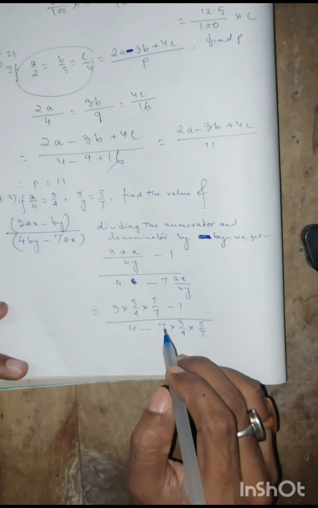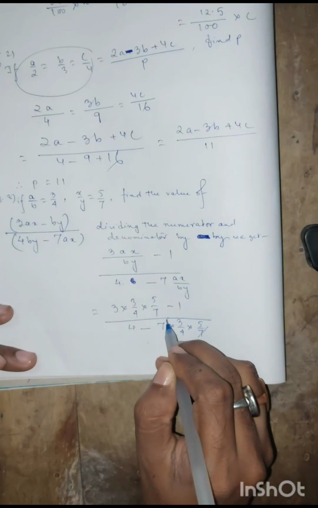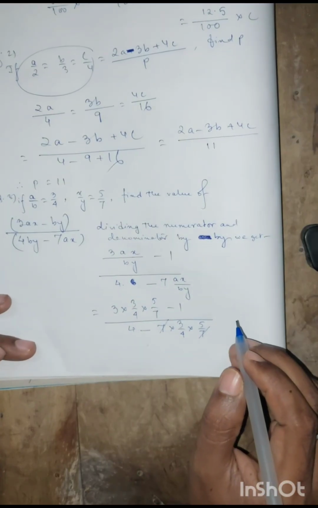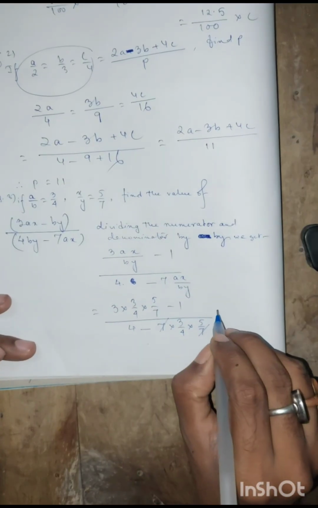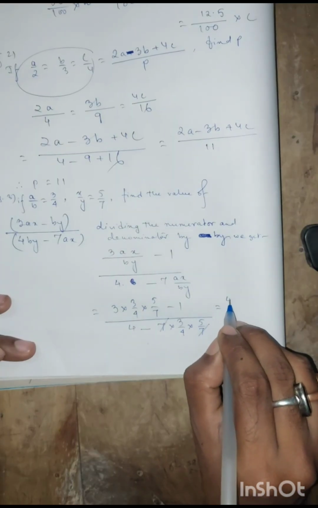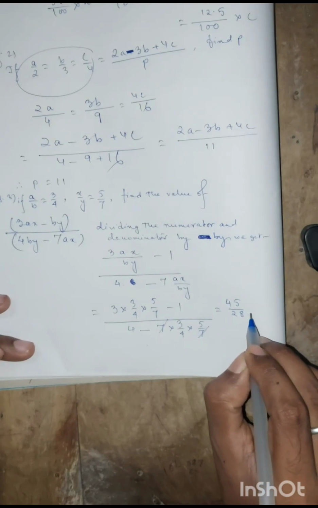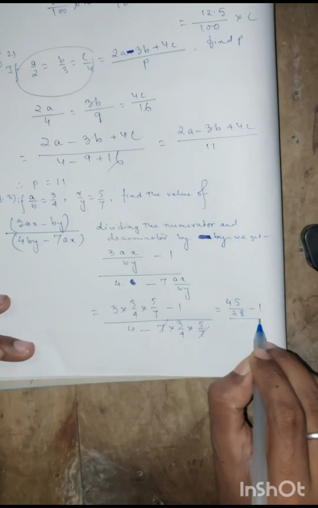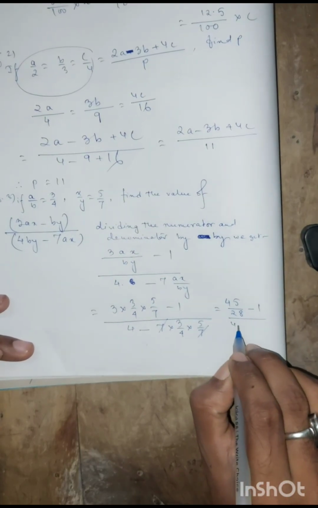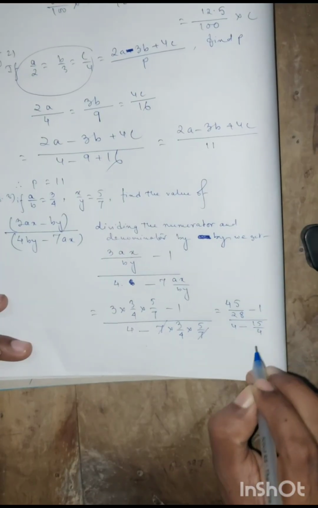So now if we simplify it, in the numerator we are getting 45 by 28 minus 1 by 4 minus 15 by 4.